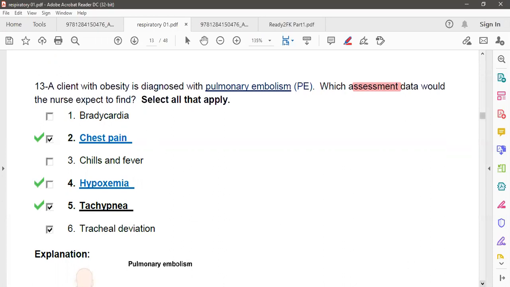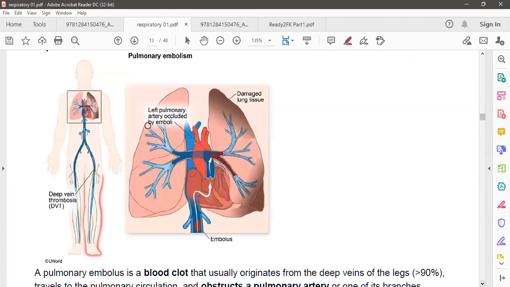Let me read it first. This is showing pulmonary embolism here, and here you see deep vein thrombosis or DVT. Deep vein thrombosis starts from the leg, then travels through the vena cava, enters the lungs, and causes bifurcation and occlusion and develops the pulmonary embolism.